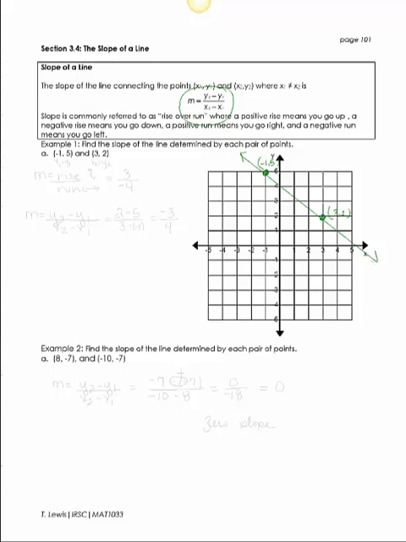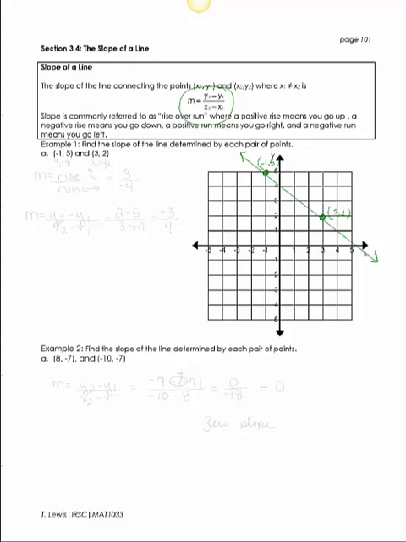Now remember, in the previous section of chapter 3, we talked about that there were 4 types of slopes. We have a negative slope, a positive slope, an undefined slope, and a zero slope. So this example that we're doing right now is some review.